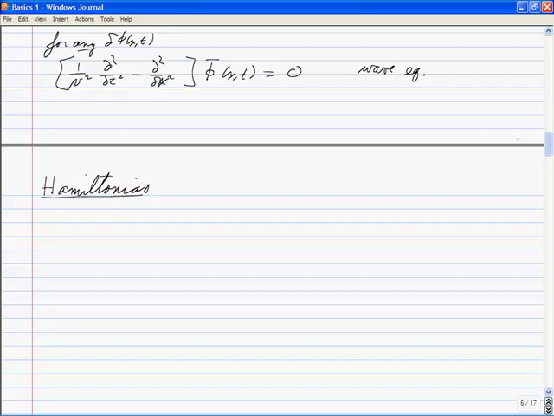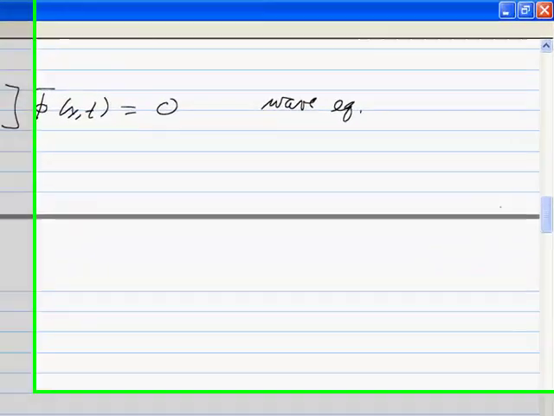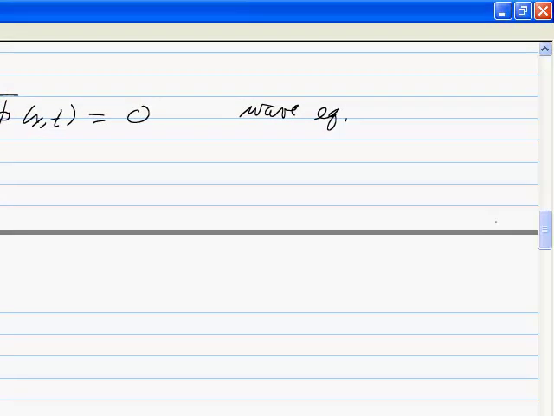Normally when we're doing point mechanics, we have the Hamiltonian, the momentum is the partial of the Lagrangian with respect to y j dot.